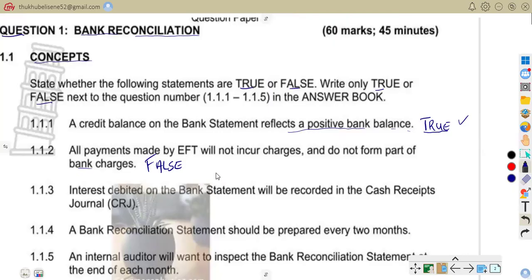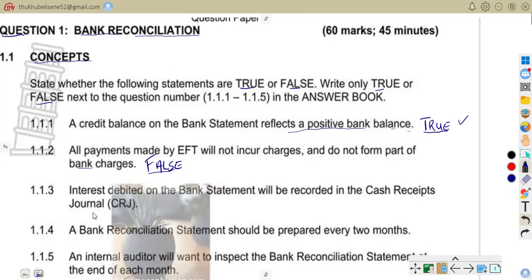Even though EFTs are electronic, banks may still charge a fee per transaction. That is why it is false to say they do not form part of bank charges. For example, you pay a supplier 1,000 via electronic funds transfer. The bank charges a 5 rand fee. This 5 rand fee is a bank charge.